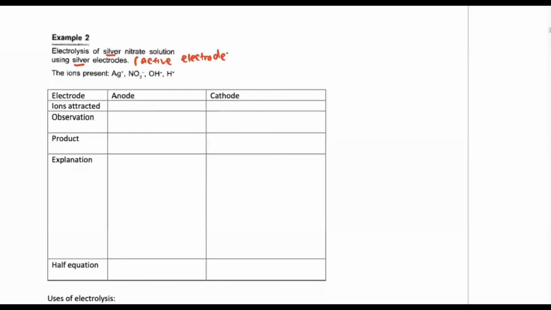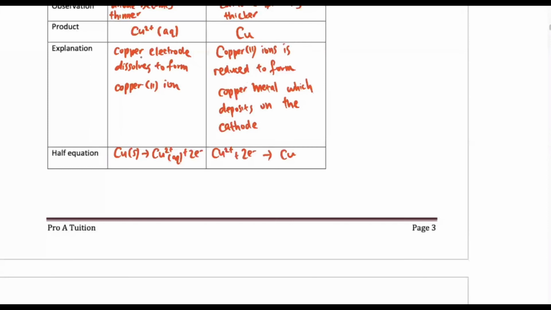The explanation is the same as before: the silver electrode dissolves to form silver 1 ions.